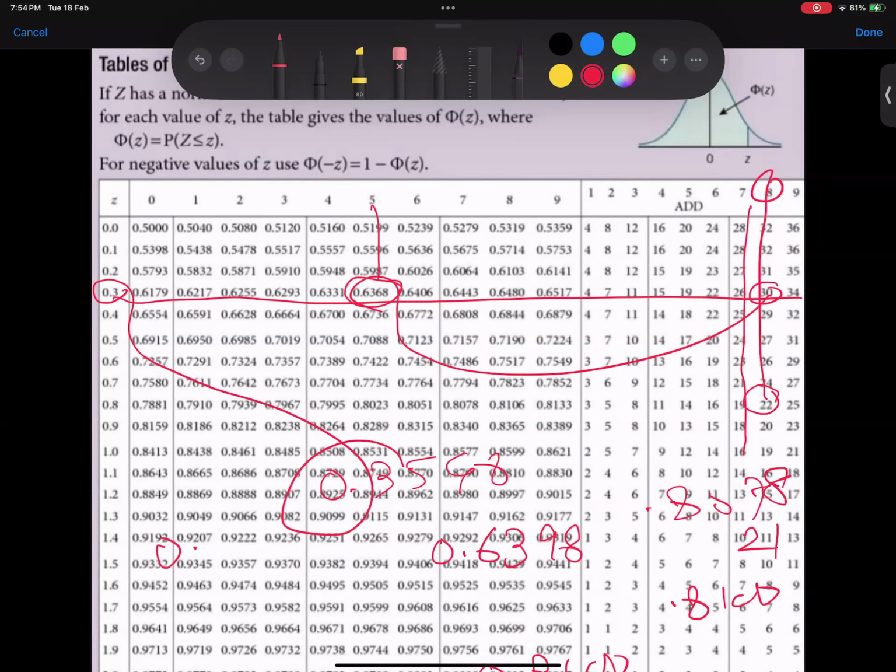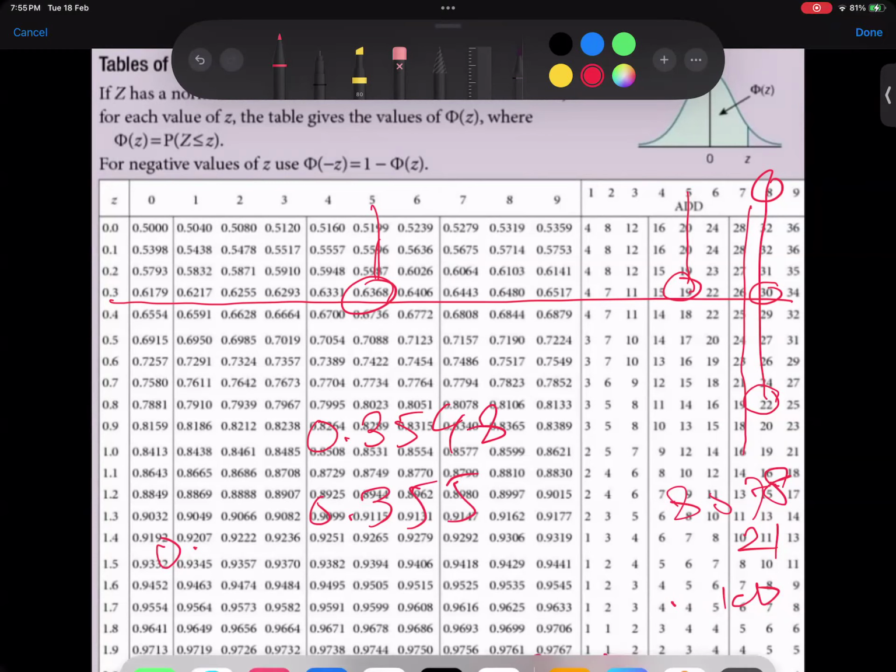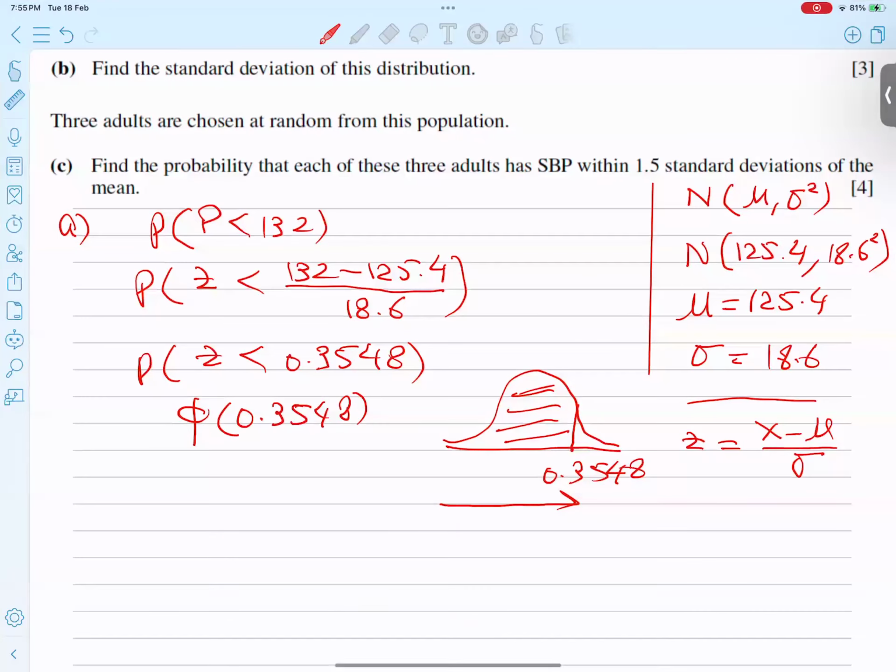What is the number? 0.35, 4, sorry, 4. Sorry for that mistake. So 4 I have taken, so I will consider 0.3, this line. But 0.3548, if I round it, is 355. So this is coming from here, and from the section of 5 is this one. So if I add them, it becomes the final answer. If I round it, it comes 0.639. And I believe this part is very, very clear.